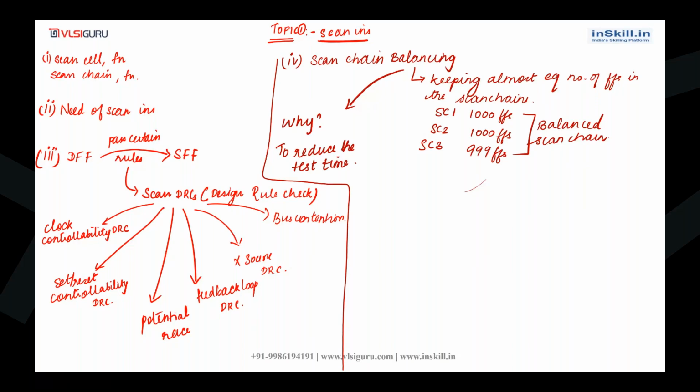So scan chain balancing means keeping almost equal number of flops in the scan chain. Like, scan chains 1 and 2 have 1000 flops, scan chain 3 has 999 flops. These are balanced scan chains. We go for scan chain balancing in order to reduce the test time, and how it achieves that reduction we will discuss when we do the regular course.